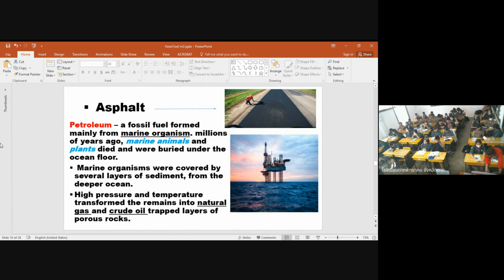So, for example, this is what it looks like when they get the petroleum. It's like a machine that they keep here for taking or making the petroleum gas.